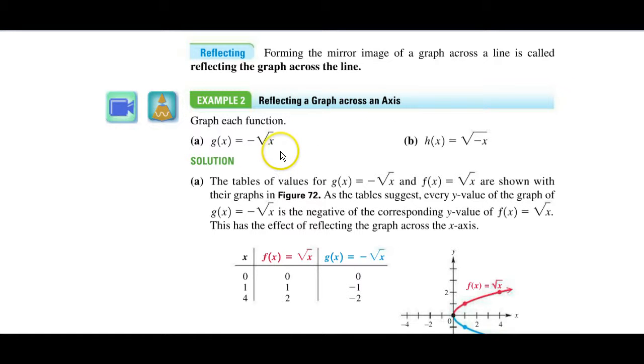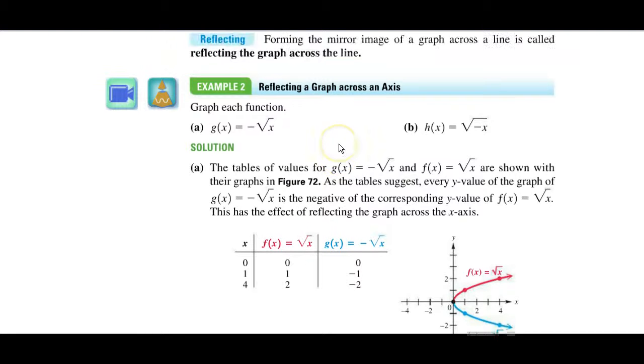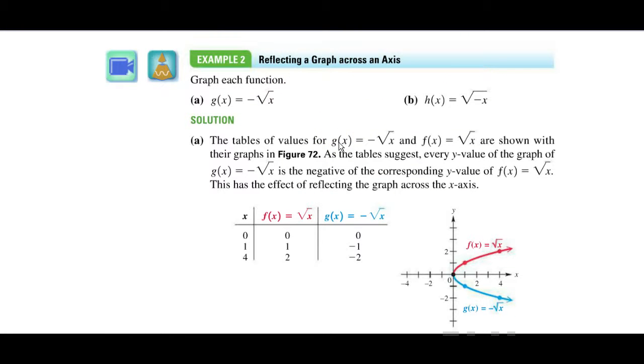So, we're asked to graph this, in which this is a negative value of the square root of x. And we had done these already. We said the square root of x in the previous section, when we graph it, is just this line here. And we said if we put a negative in front of it, we get the reflection down there.